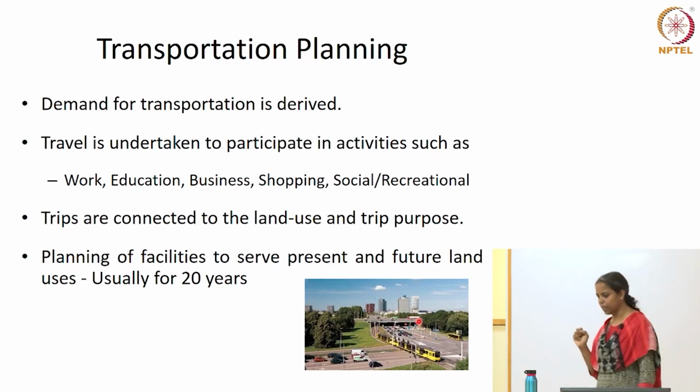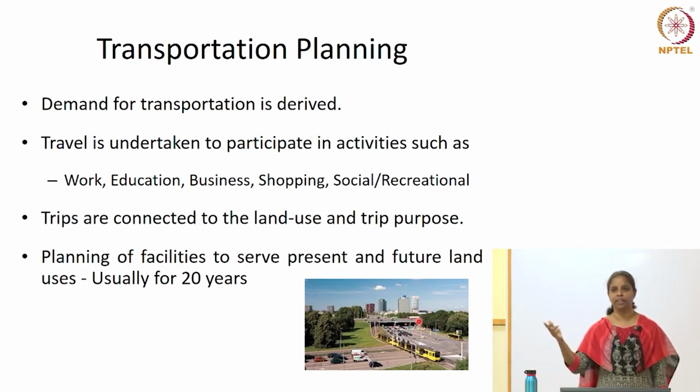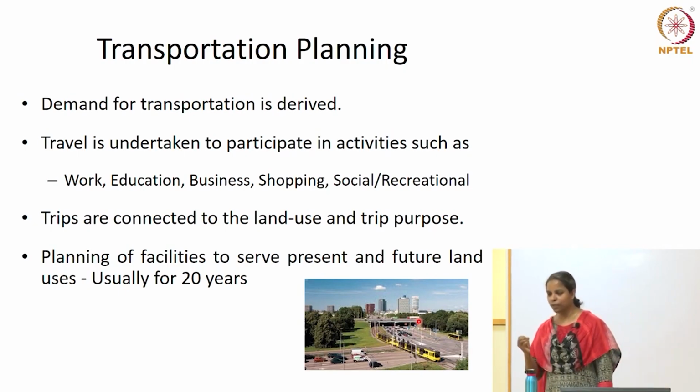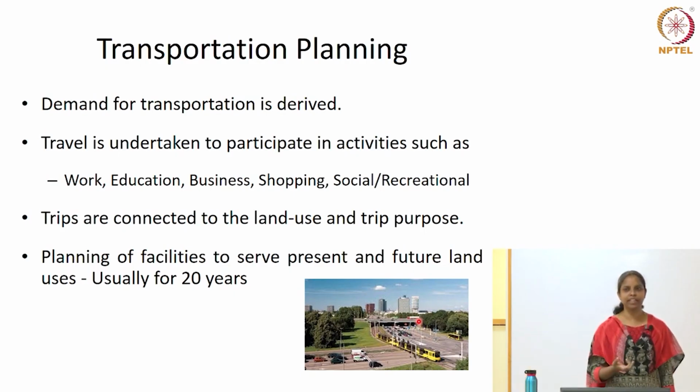That's what is meant by derived demand. The trip you make is related to some other activities. Most of the time it will be socio-economic related things. So land use plays a major role in what trips happen. Correct? If it's a recreational area, the trips are mostly to visit the place.